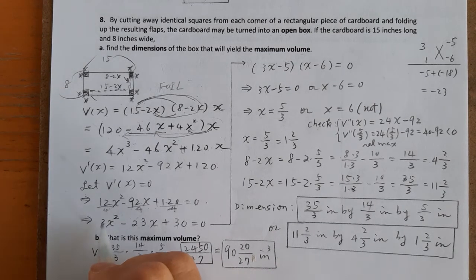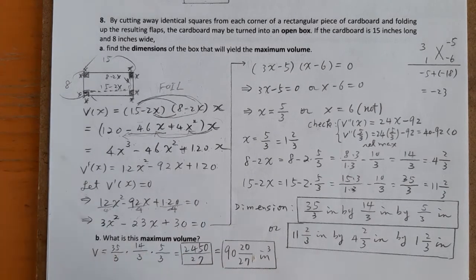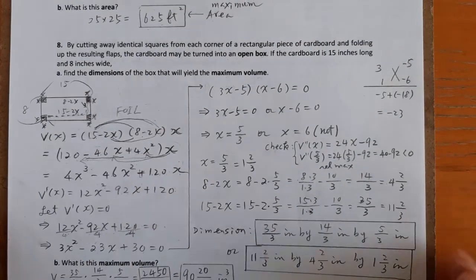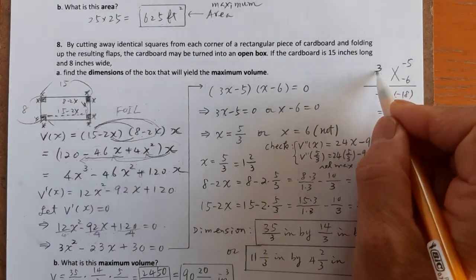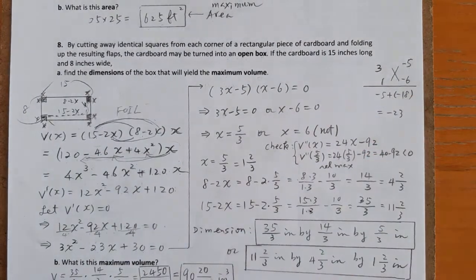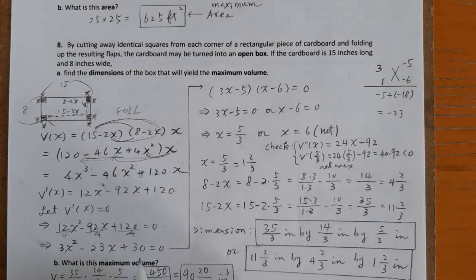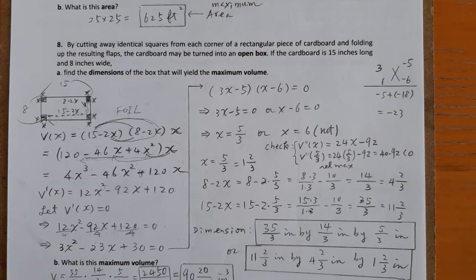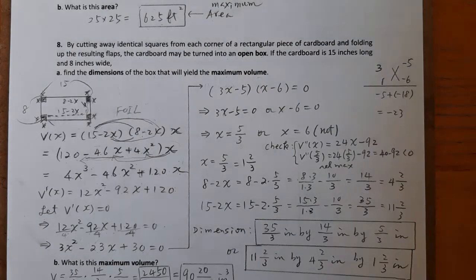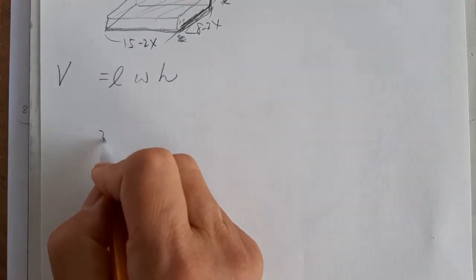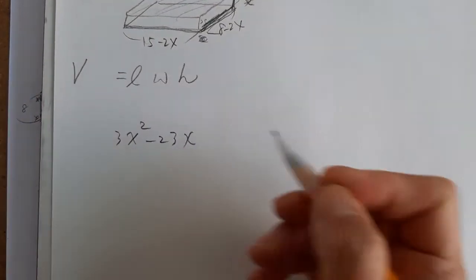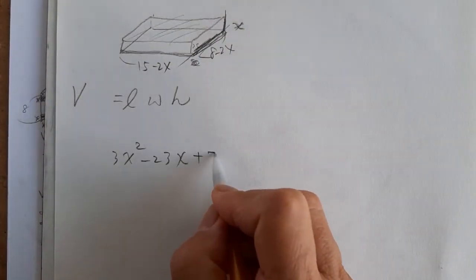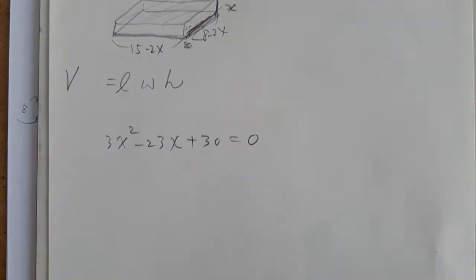So first of all, you factor 3. 3 is 3 times 1. Then you factor 30. You can try many times until you get the right one. Let's try to factor 3x squared minus 23x plus 30 equals 0.